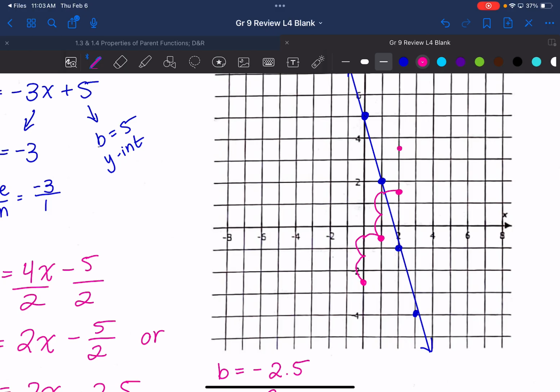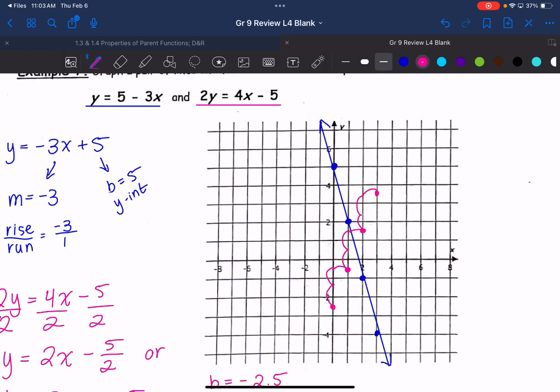Up 2 over 1. Up 2 over 1. So you'll see we're never on a really nice point. We're always on these half points. I'm going to draw. Voila. Was that one okay to draw?